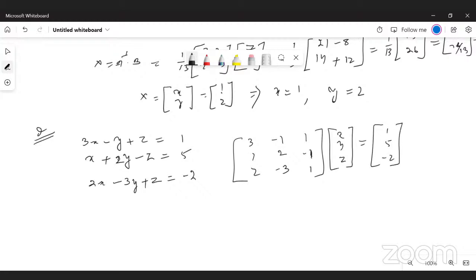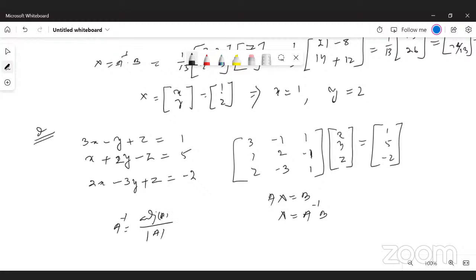Same pattern, same process. Ax equals b, so x equals A inverse into b. Then you have to calculate the A inverse. In the same way, A inverse is adjoint of A divided by determinant of A.